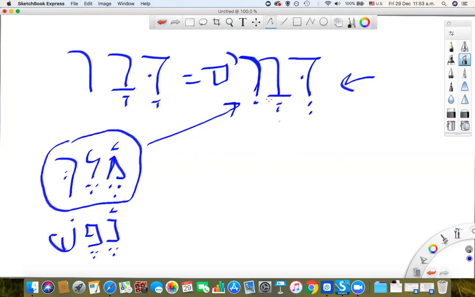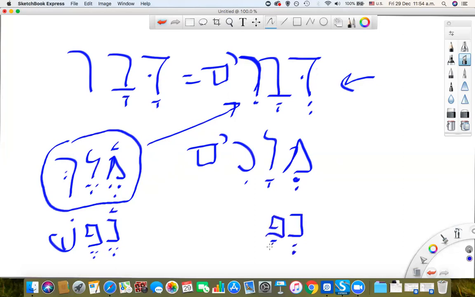So melech, king, in the plural becomes melachim, kings. Or nefesh, which is life or soul, breath, becomes nefashim. It's just imitating that pattern up there.